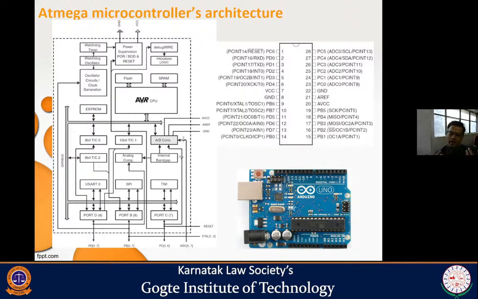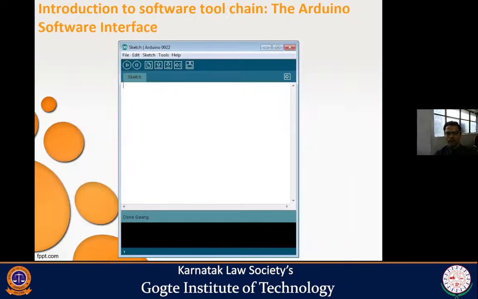So analog ports, we should be able to interface all the analog sensors. Digital ports, we should be able to interface any digital sensor with Arduino using these ports. So there are input ports, there are output ports. So all these ports we should try to understand first. So this is the basic what is required.